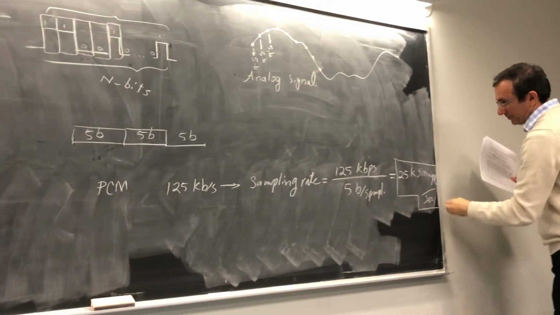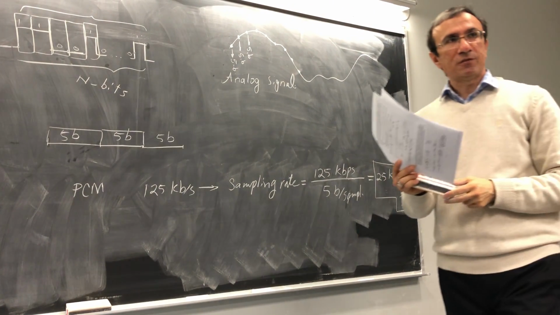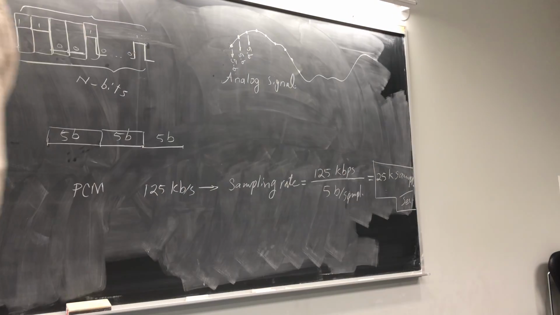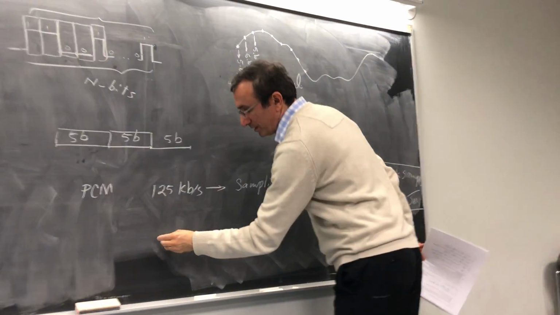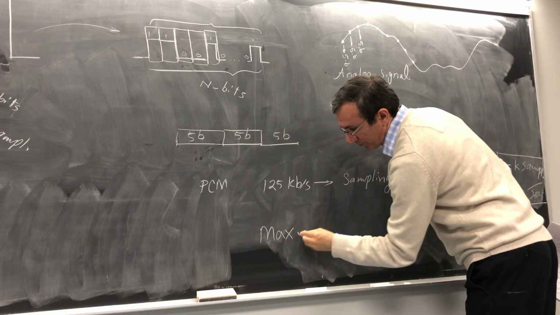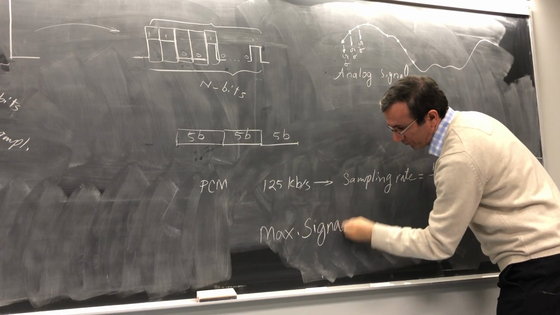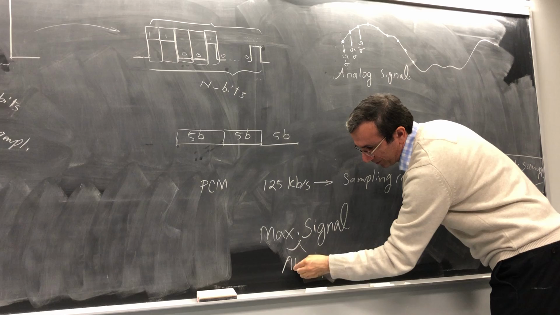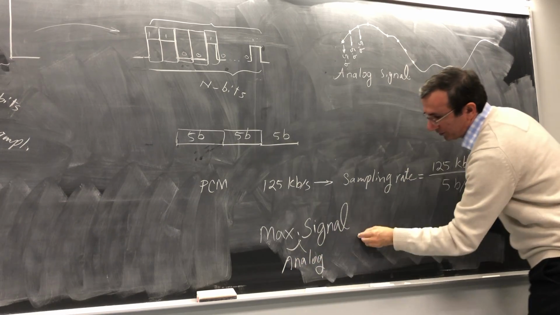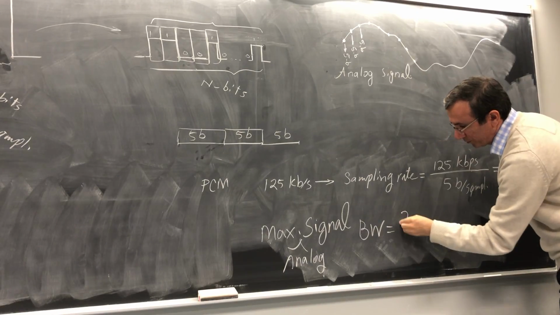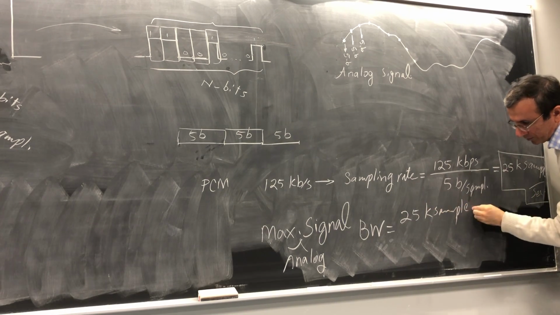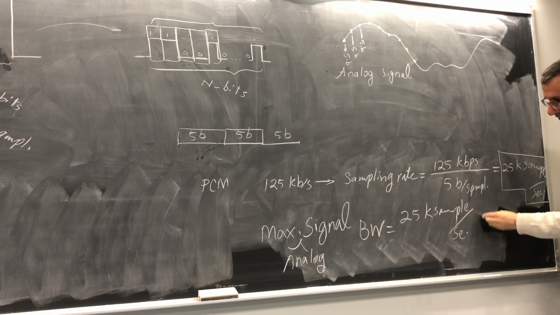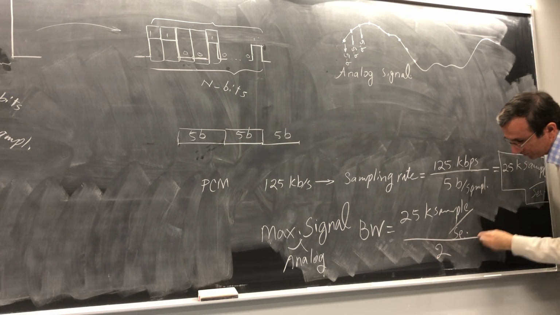Okay, so this is the sample rate, 25 kilosample per second. Do you remember what was the criterion for sampling, the Nyquist criterion? Just over 2. This over 2, yes. So the maximum analog signal bandwidth would be 25 kilosample per second divided by 2.